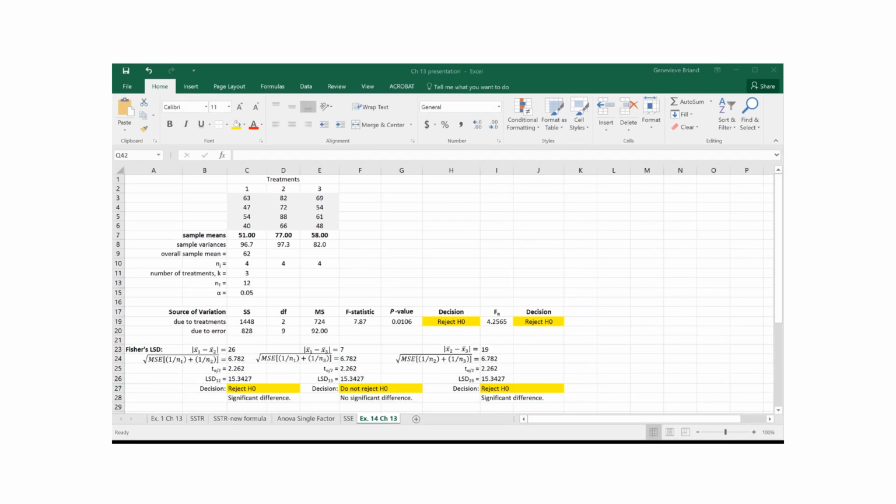So once we've done that for all three pairwise comparisons, we find a significant difference between population 1 and population 2 means, and population 2 and population 3 means, but not between population 1 and population 3 means. So now we might want to slightly adjust this procedure. So, excuse me, let's see why.